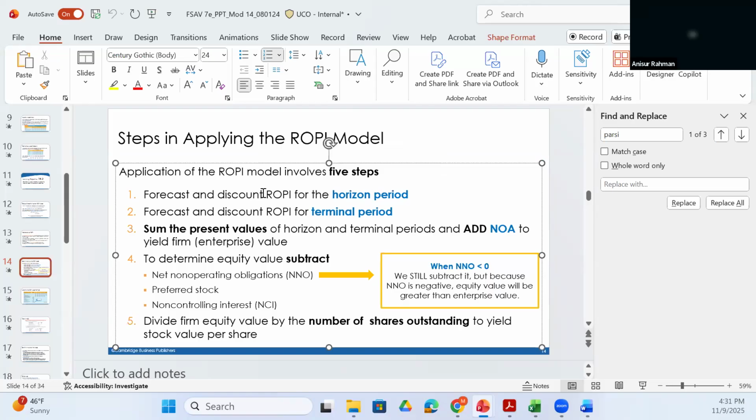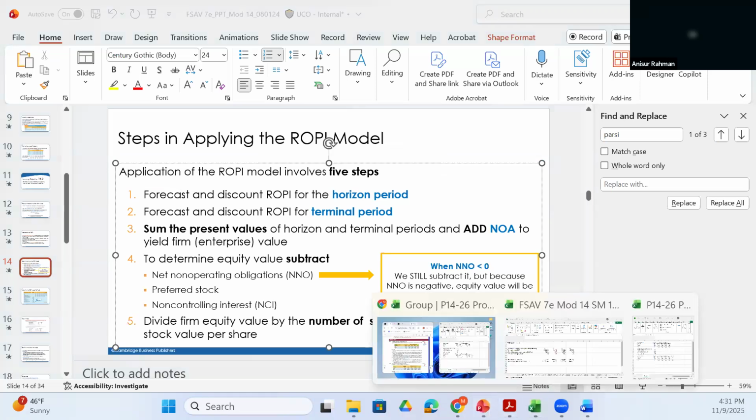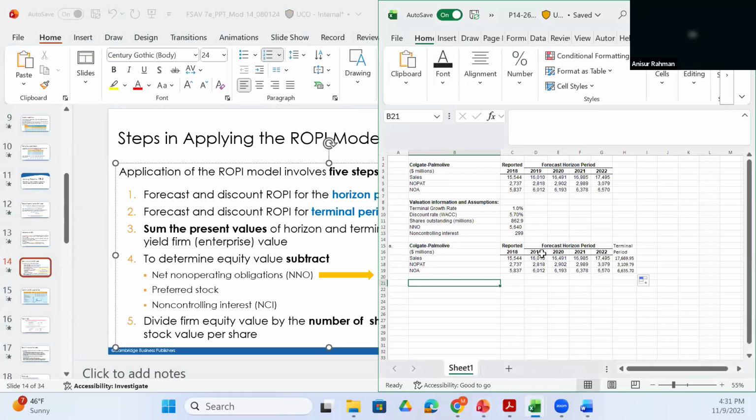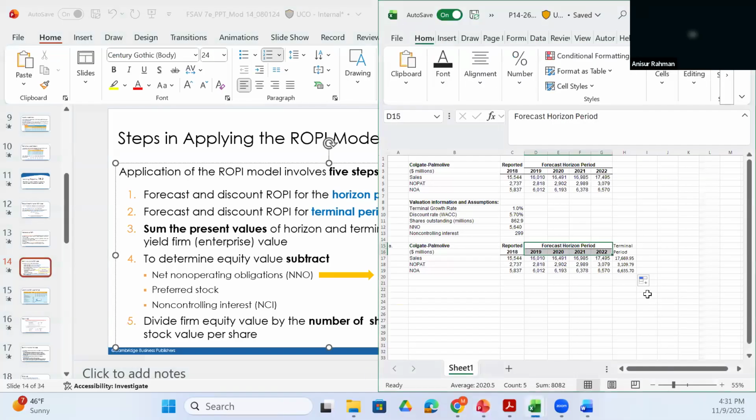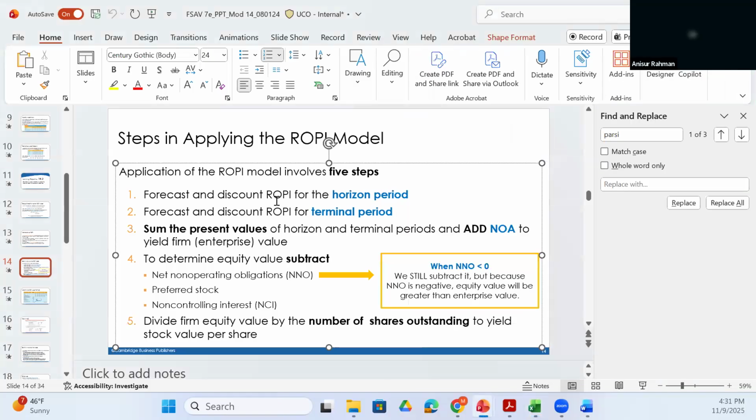So forecast and discount ROPI for the horizon period. Again, what is the horizon period? This is the horizon period. And then forecast and capitalize ROPI for the terminal period, which is this, the terminal period.